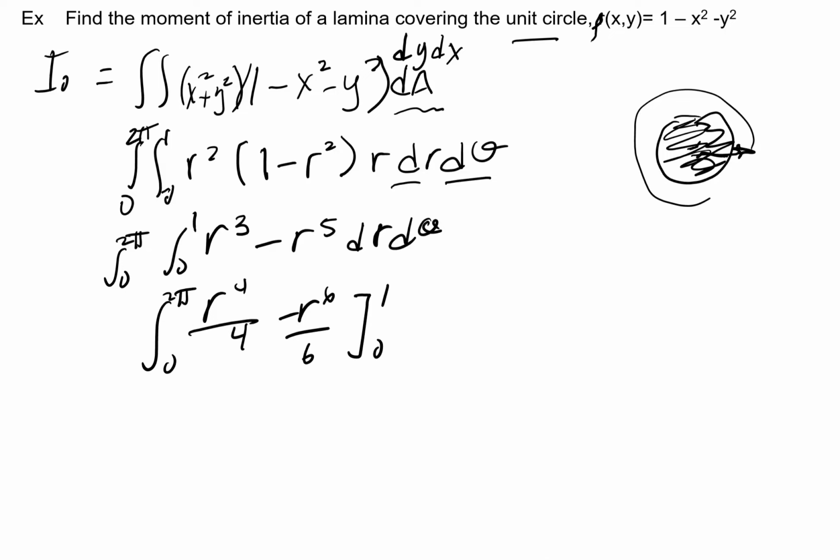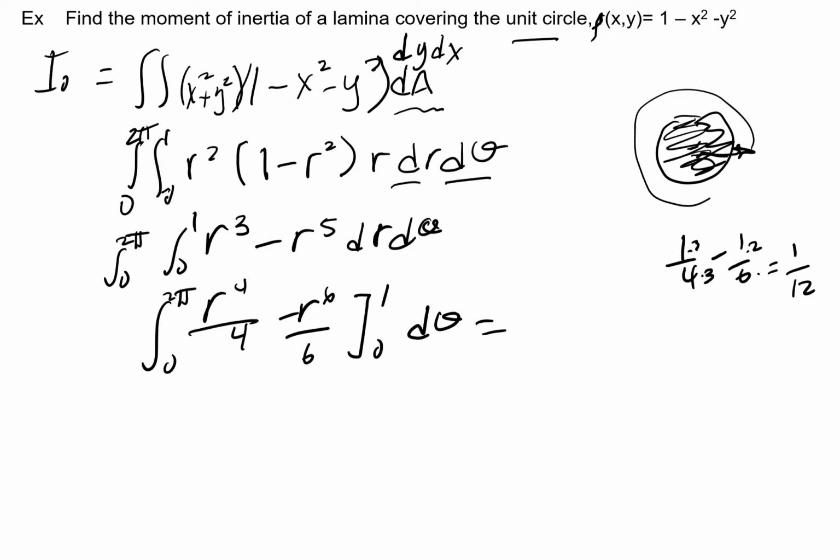Still integrating 0 to 2 pi on the d theta, and letting r equal 1, we get a 4th minus a 6th, and then we subtract off 0. So 1/4, let's do it on the side, minus 1/6, LCD of 12, so we get 3 up here and 2, and so that's going to give us 1/12.